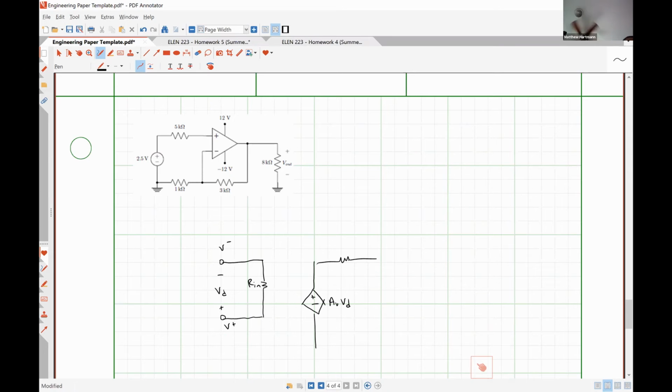So my feedback is going to be 3 kilo ohms. This is R out. I do have a load resistor of 8 kilo ohms that I'm going to have to pay attention to. I have a 1 kilo ohm resistor from my inverting terminal to ground.